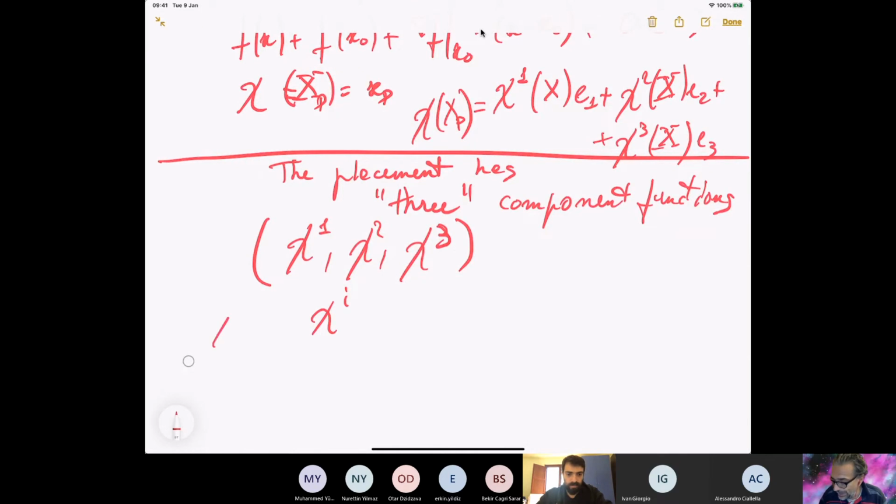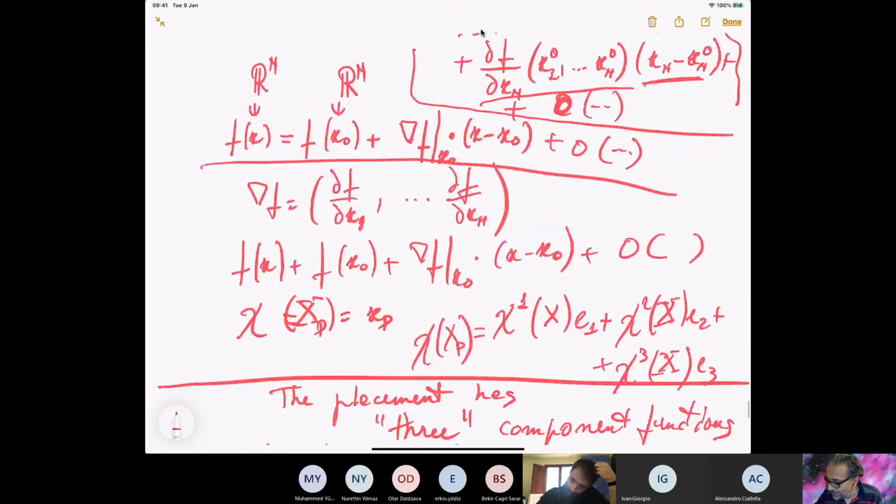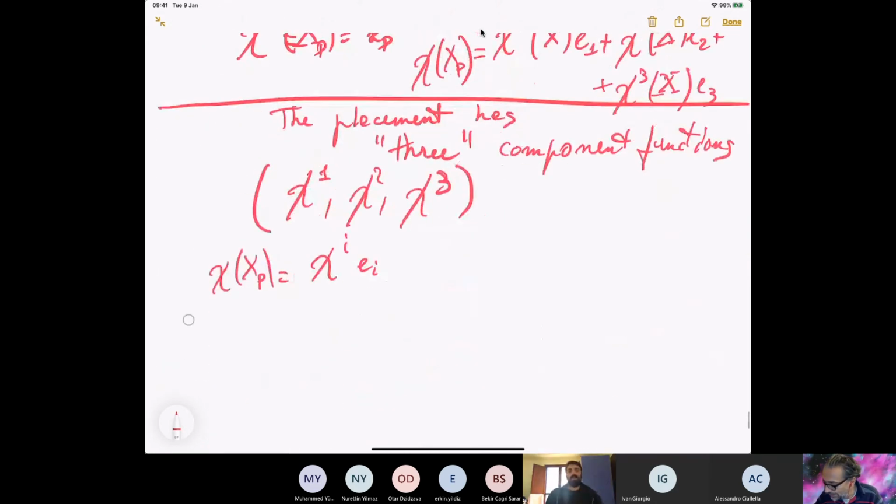So I can write psi of x_p equal psi i e_i using Einstein convention. So writing Taylor expansion for psi i means that F_iA is equal to the partial derivative of psi i with respect to capital X_A.